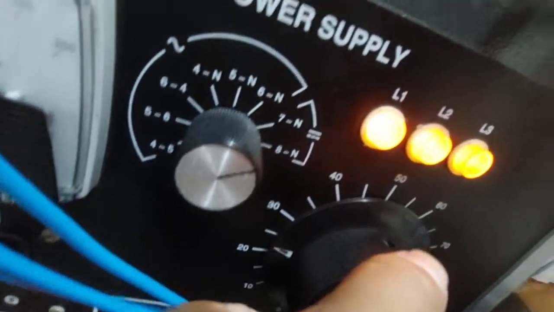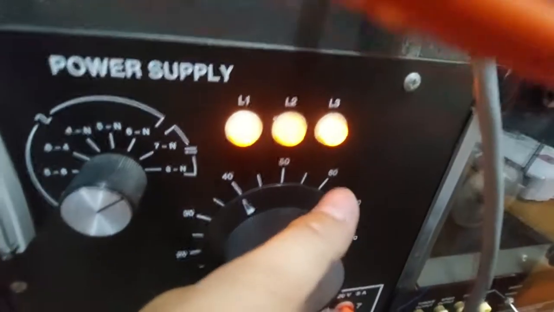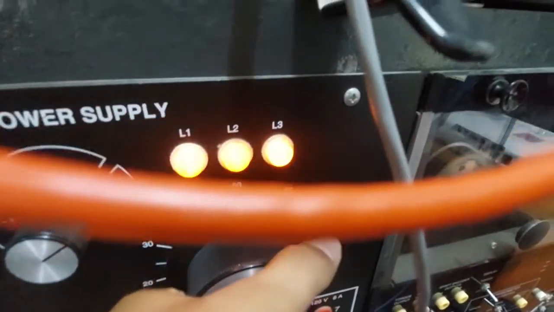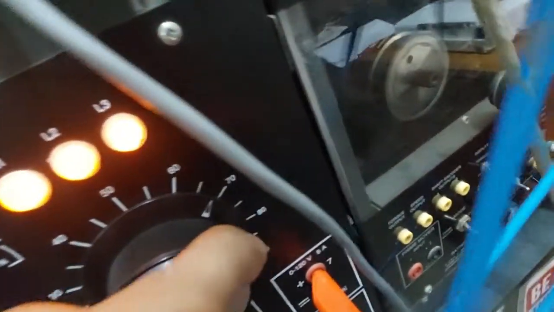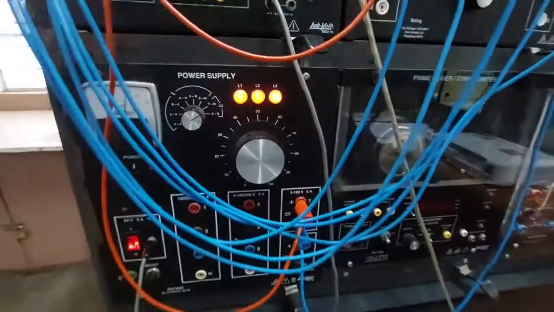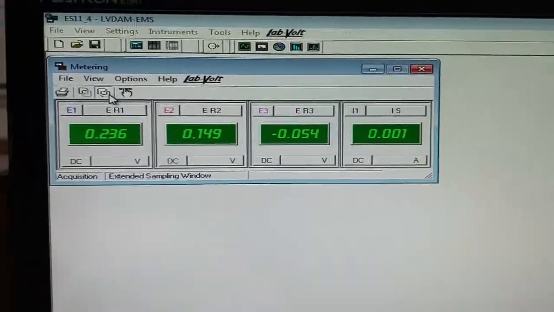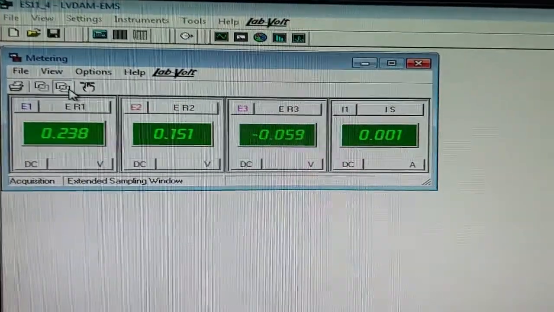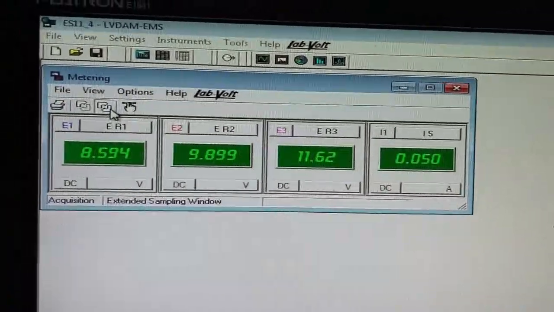Okay? 30% tayo, 40%, 50%, 70%, 80%, and 90%, 100%. Okay? The value of your voltage to our data acquisition interface na connected sa ating computer, right? From 0 to 100%. Okay?